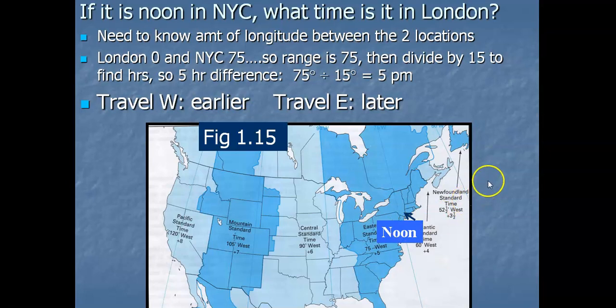It's already rotated, and so our conclusion is, right, since we're traveling across the Atlantic, all right, eastward, if you travel from New York City to London, all right, it is going to be 5 hours later, all right, and it's going to be 5 p.m. in London. And that concludes lecture number 2.